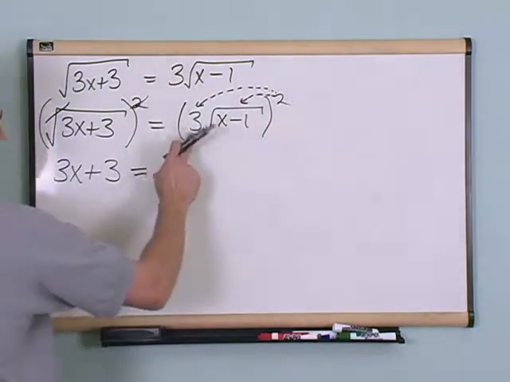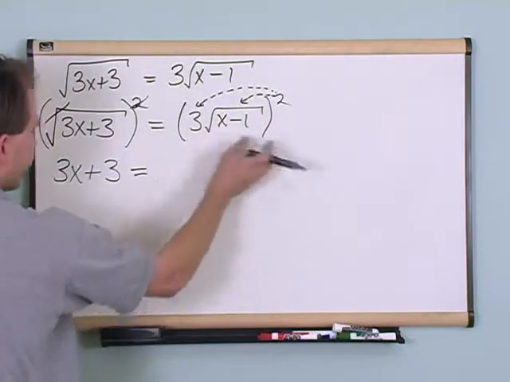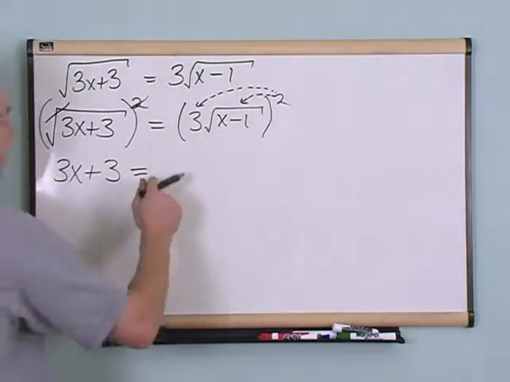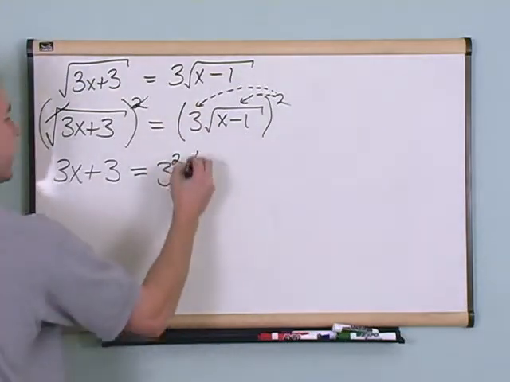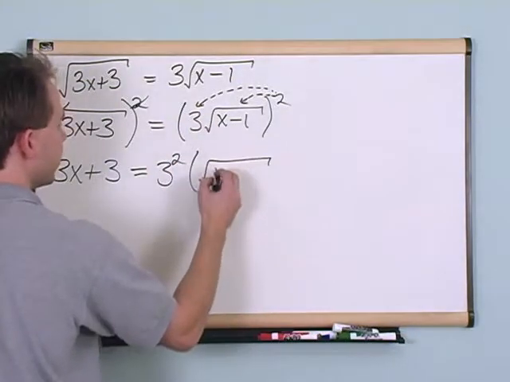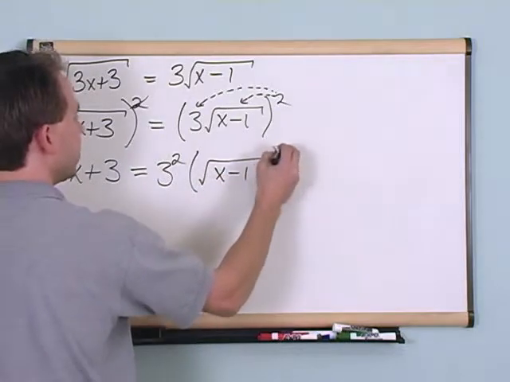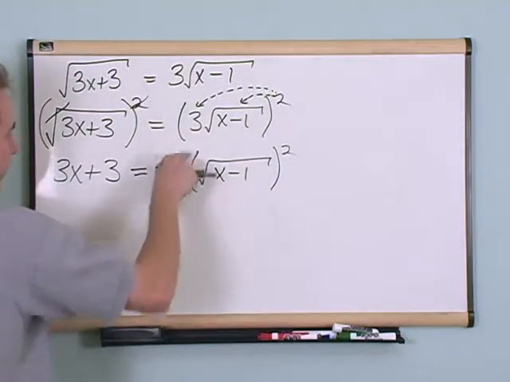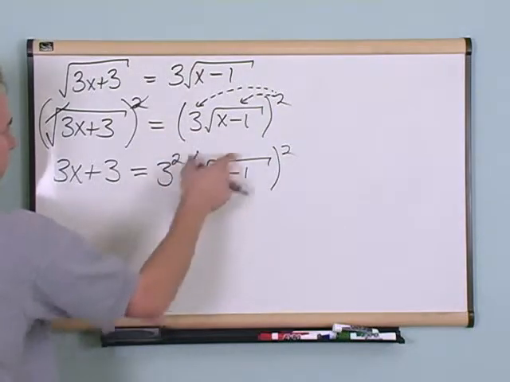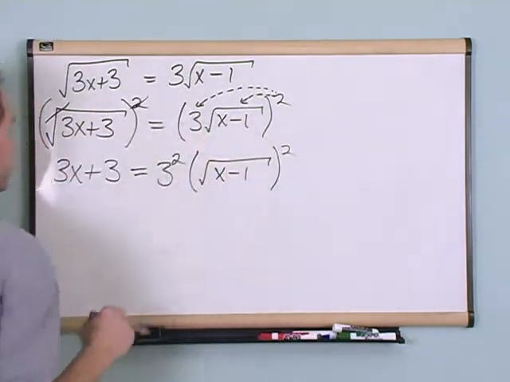So you're raising each term separately to the same power. I'm going to write it out in all its glory so you can see what I'm doing. At the biggest level, this is equal to 3 squared times this squared.